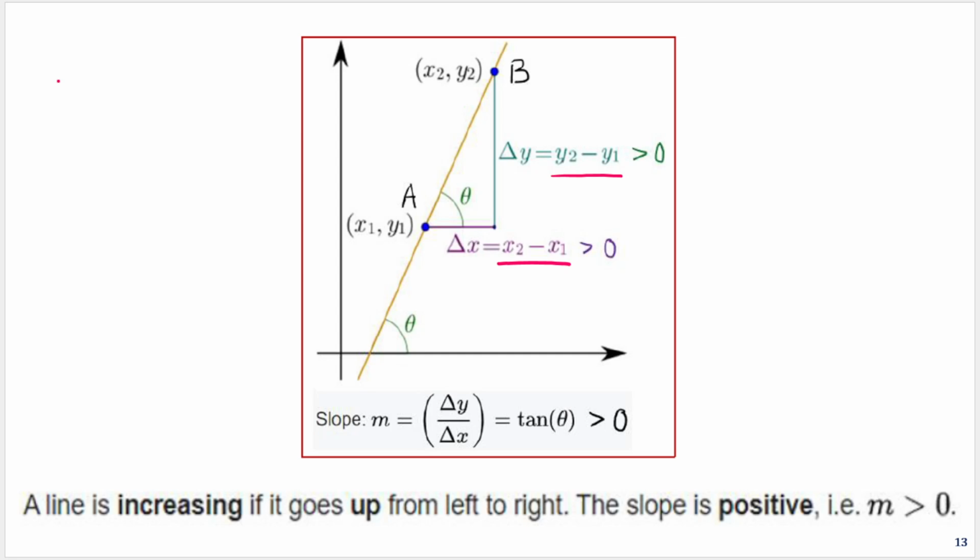They have the same sign, right? Therefore, we have delta y over delta x is always positive, right? And also note that in that case, delta y over delta x is actually tangent theta here. And theta is an angle whose initial arm is the x-axis, terminal arm is the line AB.